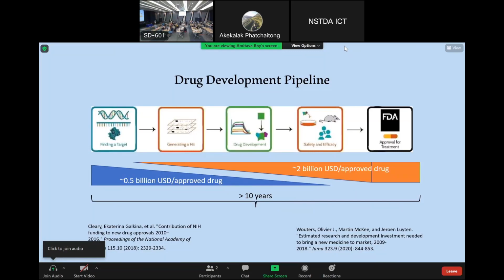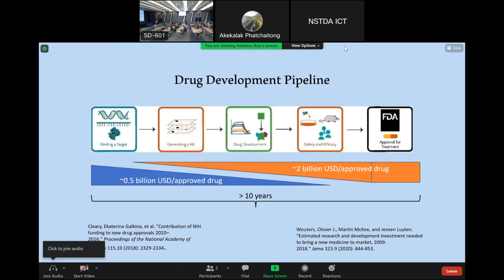And that is called generation of hit. That means you are trying to identify what molecules can interact with the protein of interest. And after the generation of hit, you have some initial idea, then you want to optimize it further because your initial hit, the initial molecule that you identified, may not be optimally interacting with your target. And that's the part called drug development. And Sudeep is going to focus on that part, the computational aspect of that, tomorrow afternoon.